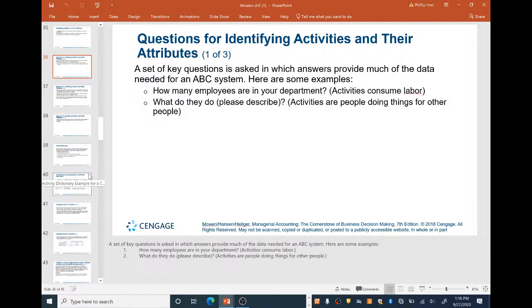What do they do? So describe what the activities that the people in these departments are actually doing, or what they're performing. Activities are going to be people doing things for other people. Recall that's what an activity is. So we want to know how many employees are in the department, because activities consume labor, and we also want to know what they do within their department.